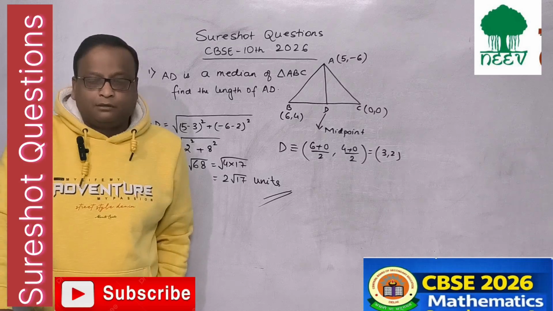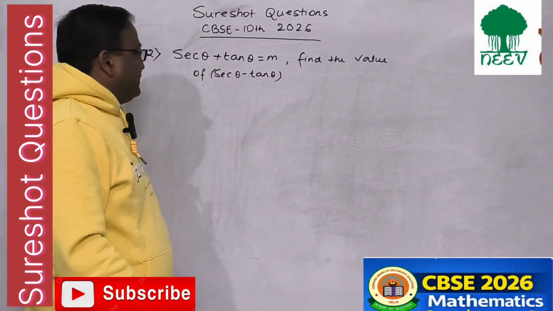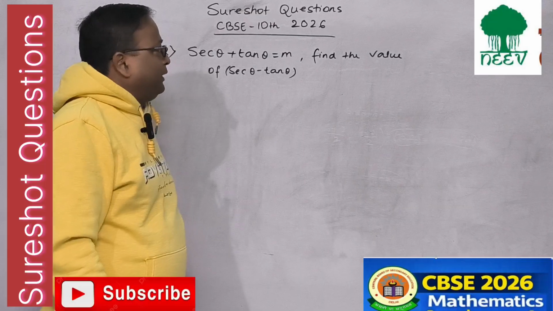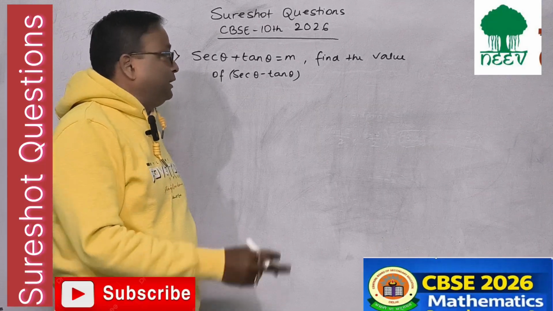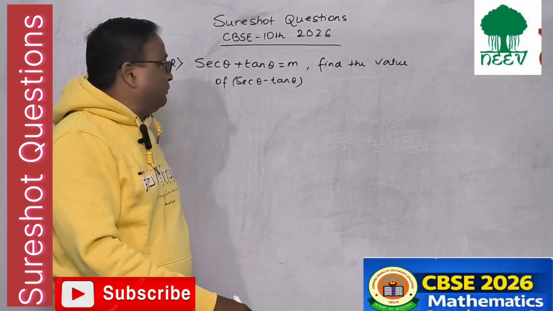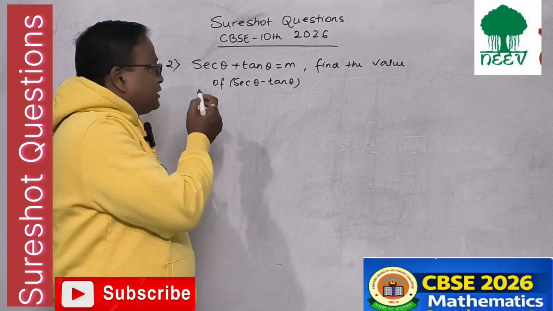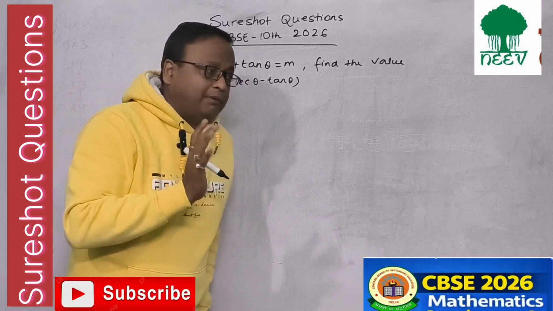Clear? So moving on to question number 2. We have sec theta plus tan theta is equal to m, and we are supposed to find the value of sec theta minus tan theta. This is a very highly probable question. It keeps on coming. This question can also be in the form of cosec and cot. So remember that.